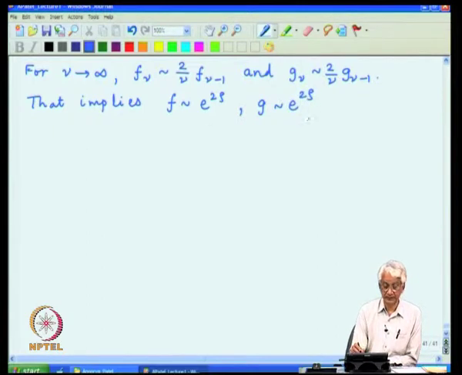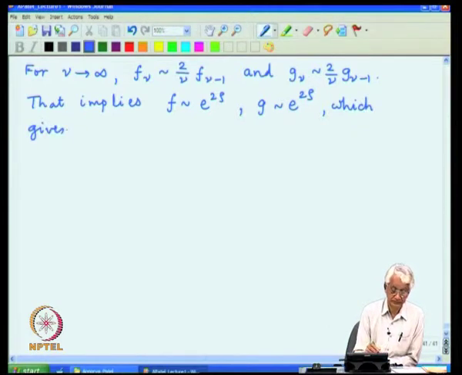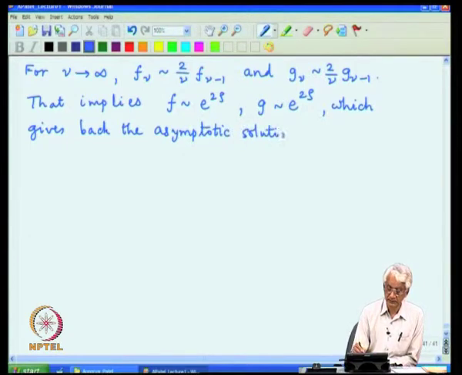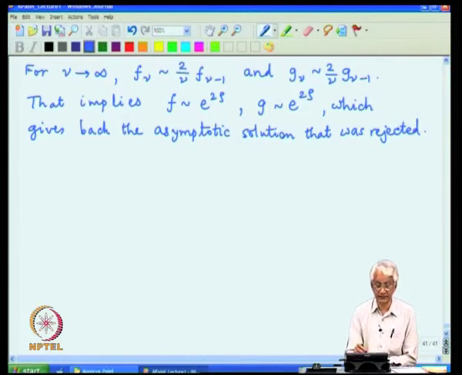and this behavior is actually not acceptable as a physical counterpart of the required solution, because it gives back the asymptotic solution that was rejected when we solved for the singularity at infinity, saying that the solution has to behave like e raised to minus rho.